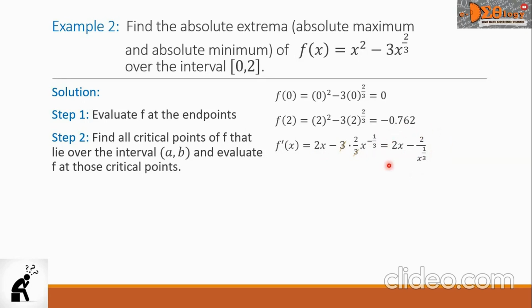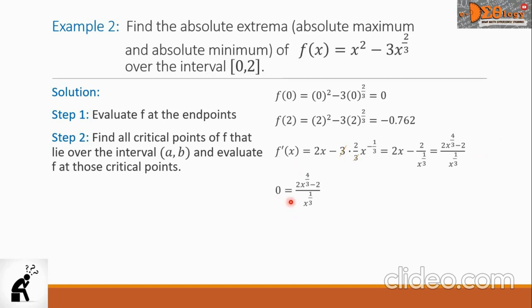Let us combine them into a single fraction. So we have now 2x raised to 4 over 3, then minus 2 all over x raised to 1 over 3. This is our derivative. Now let us set f prime of x equal to 0.